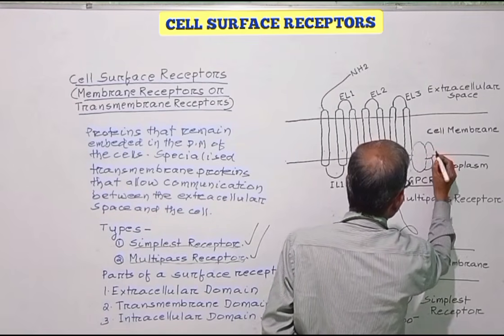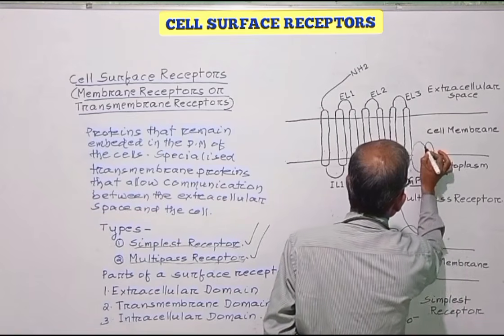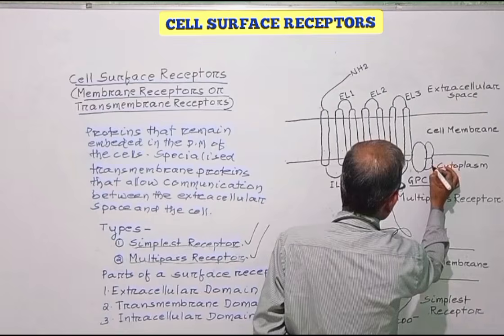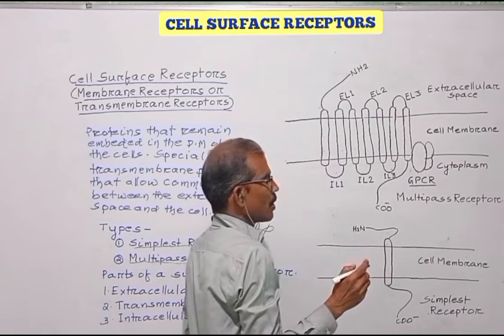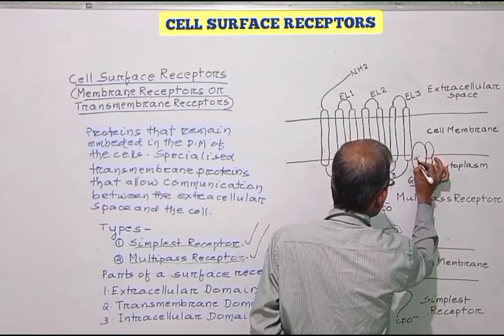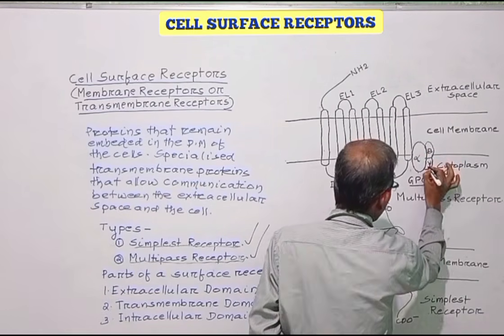There are different types of G proteins which are activated by G protein coupled receptor. This is the heterotrimeric G protein consisting of 3 different subunits such as alpha, beta, and gamma.